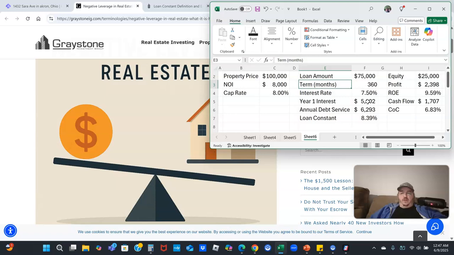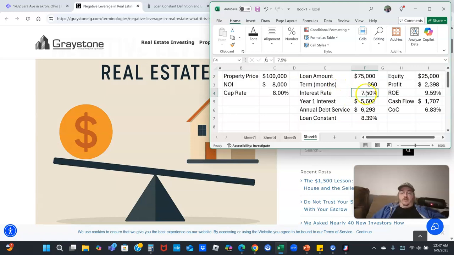If we wanted to borrow the full 100,000 against it, we'd still be making money because in my example I'm going to use 7.5% interest. The property is spitting out an 8% return, we're paying a 7.5% interest rate, so you'd be making money even if you borrow the full value, right? That's the concept. But you wouldn't have positive cash flow in that scenario.